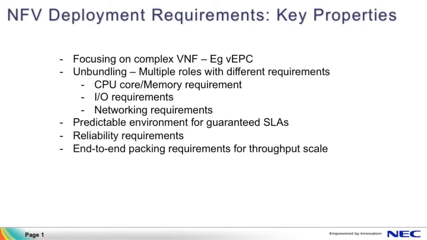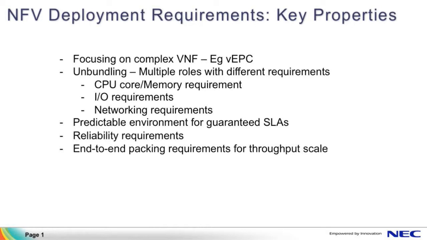So these are very complex applications, and these are not probably smaller applications, let's say like a DNS or a DHCP that you can just virtualize, take the application from the box and put it in as a VM in a virtualized environment.